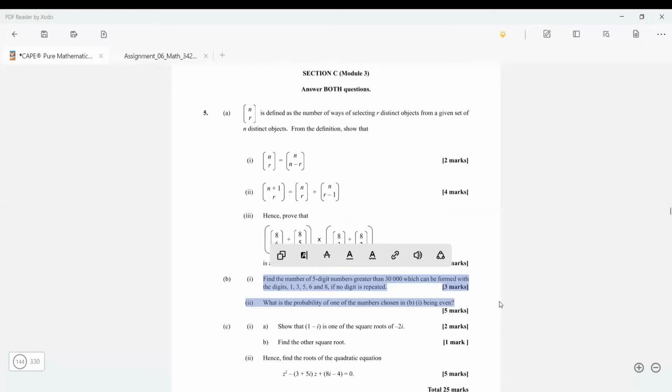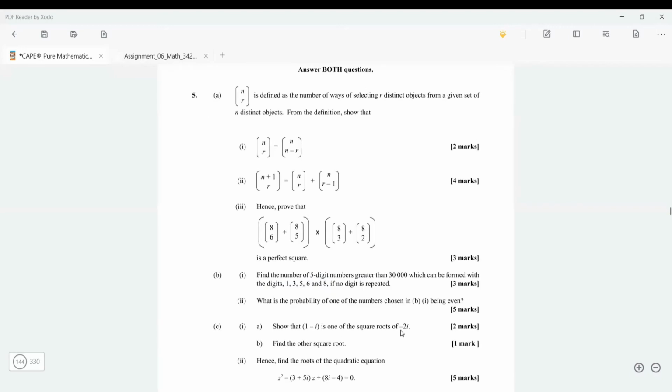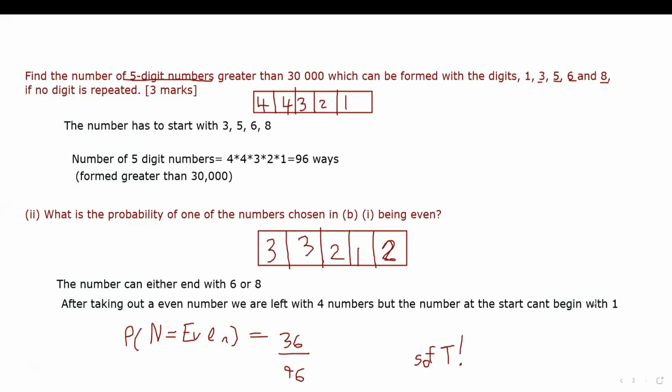Nice. Now the next part says show that 1 minus i is one of the square roots of minus 2i. So we need to show that 1 minus i is one of the square roots of minus 2i.